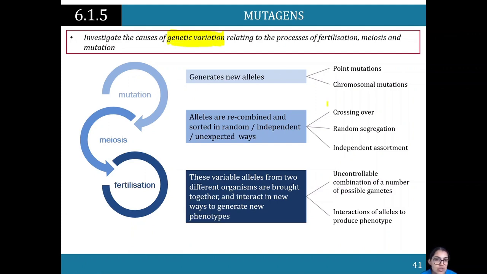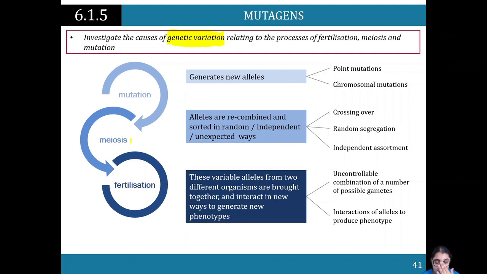So we want to now talk about how through these different processes genetic variation is achieved. Mutation leads to the creation of new alleles through point and chromosomal mutations. Even if those alleles may not be the most beneficial, it still leads to the production of those alleles.